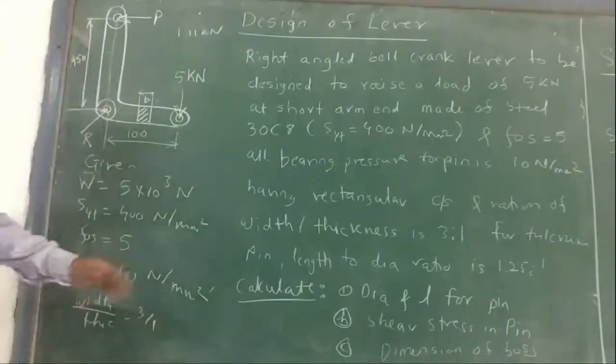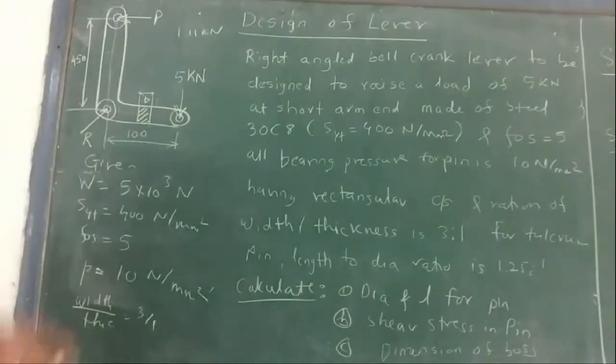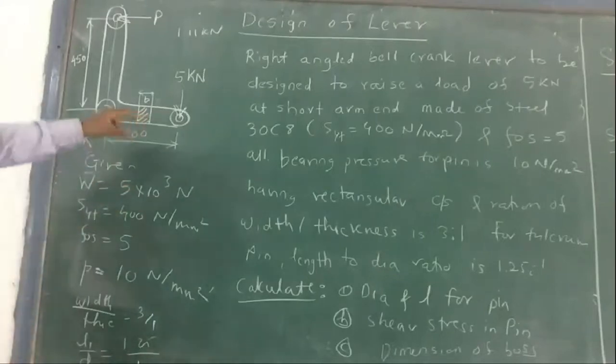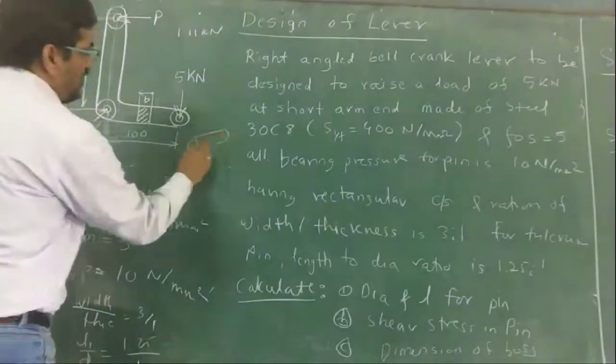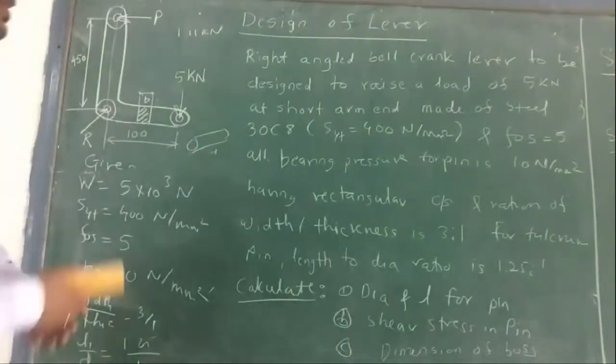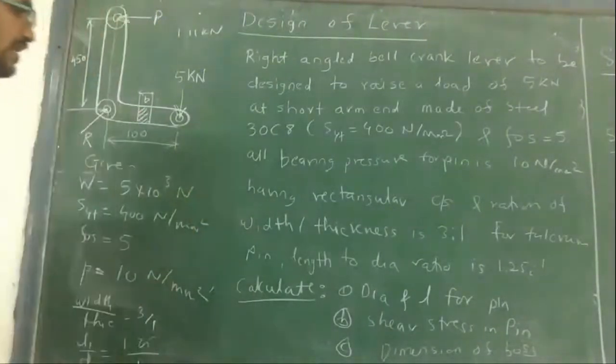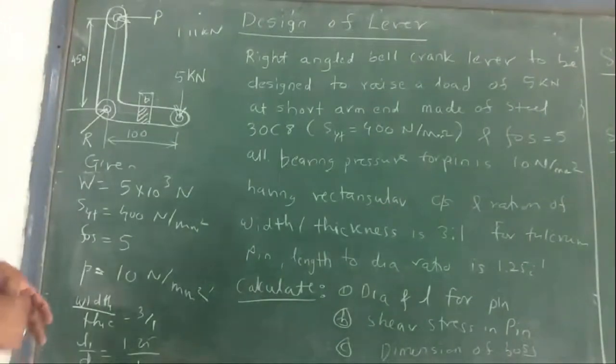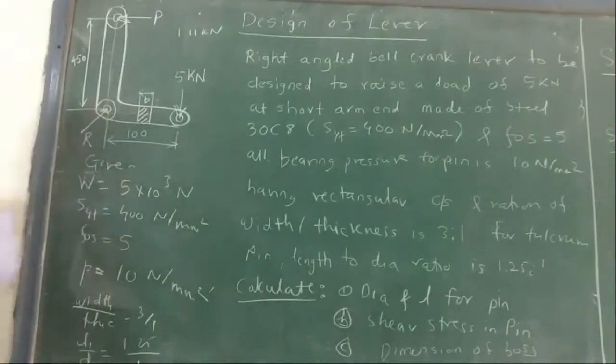And for the fulcrum pin, the length to diameter ratio L1 upon D1 is 1.25 upon 1. So L1, the length of the fulcrum pin, is 1.25 times the diameter. These are the things which are given, and we have to calculate the diameter and length for the pin.